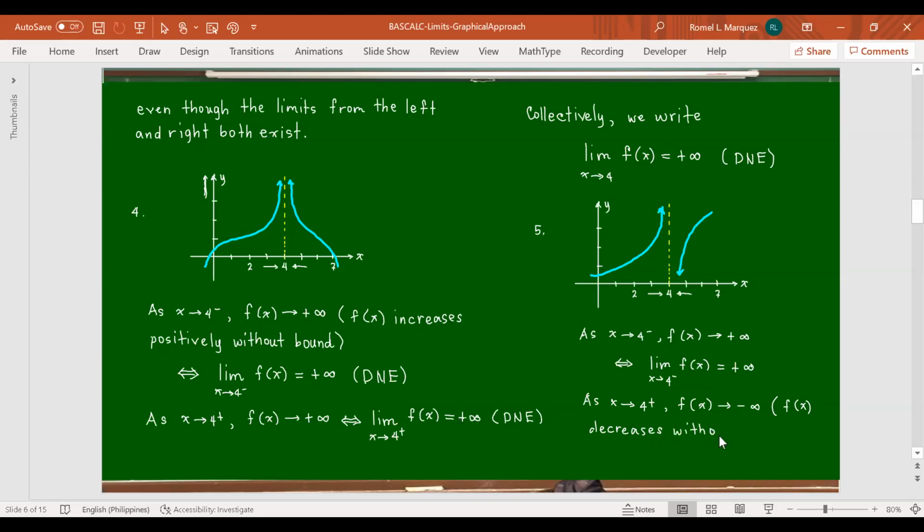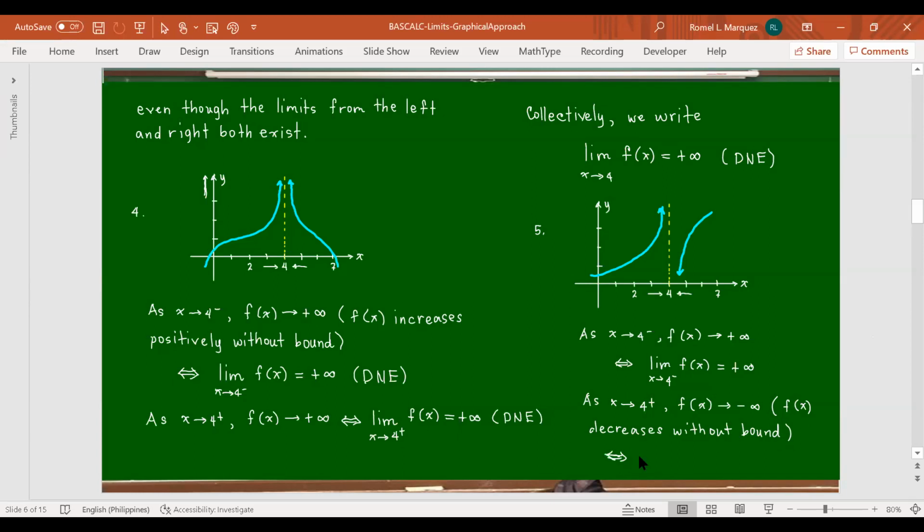Or sometimes it is called increasing negatively without bound, meaning lumalaking number pero negative yung sign. So that is what it means by increasing negatively without bound. Is that clear?